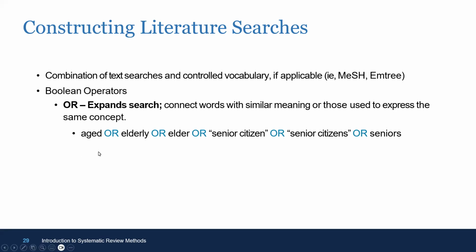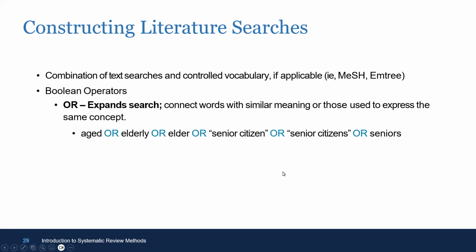So if you see, based on that, I wanted to bring everything. So what the search will do, will bring every article that has mentioned aged, every article that has mentioned elderly, every article that has mentioned the others. Because you put OR, all these articles will be pulled. So meaning that you're going to have a very big result of your search.